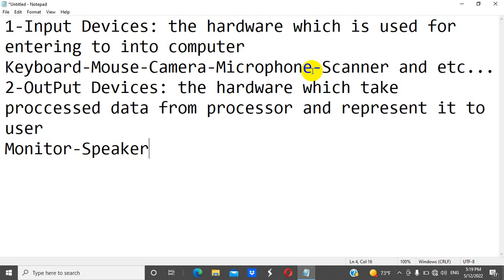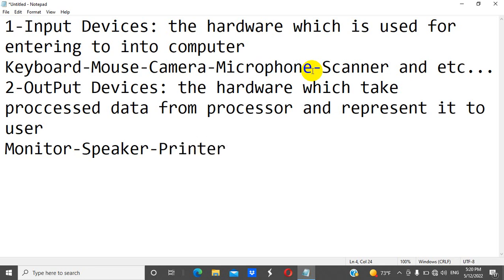Okay. Monitor, speaker, and what is another output device? Oh, printer.